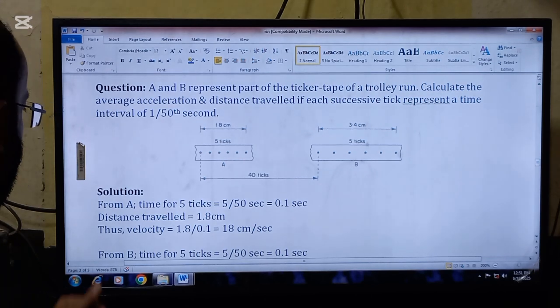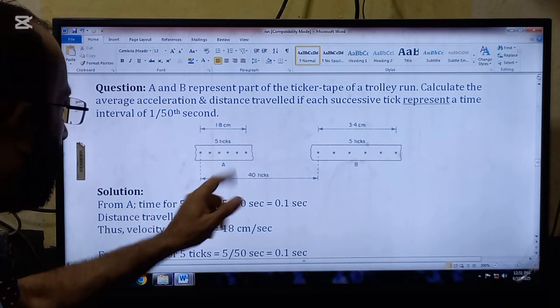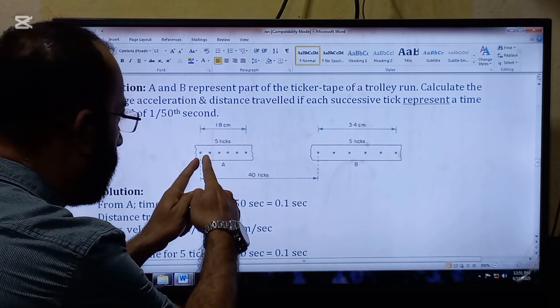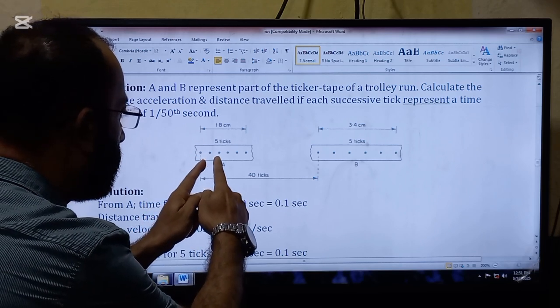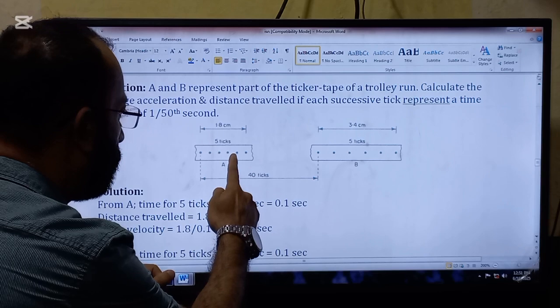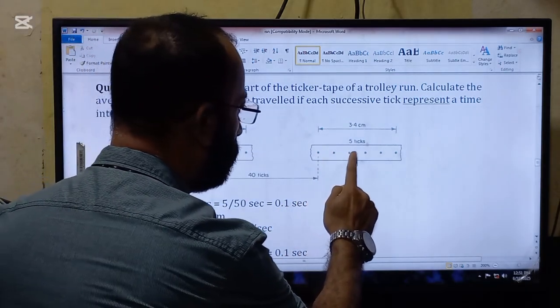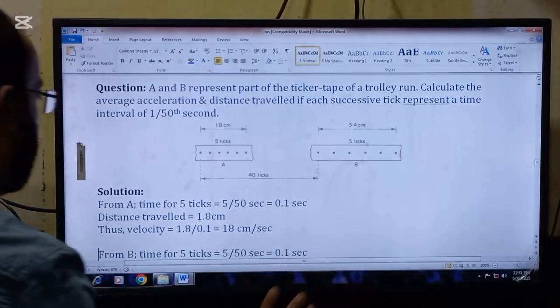So look now, from A, from first to second dot, 1, 2, 3, 4, 5. So 5 dots are there. From here, 1, 2, 3, 4, 5 dots are here.